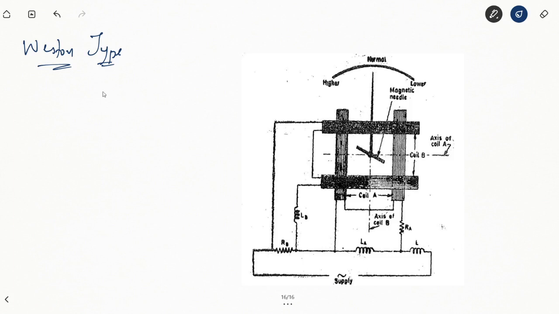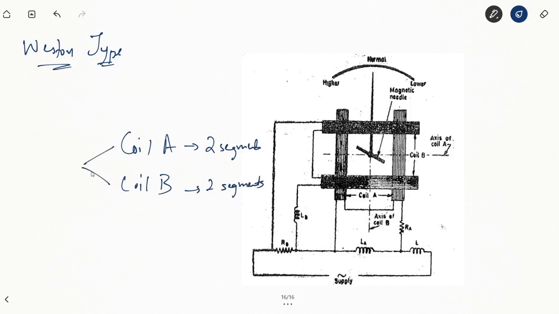So first of all, the construction: we have two coils here, coil A and coil B. Both are divided into two segments. And these two coils are perpendicular to each other.